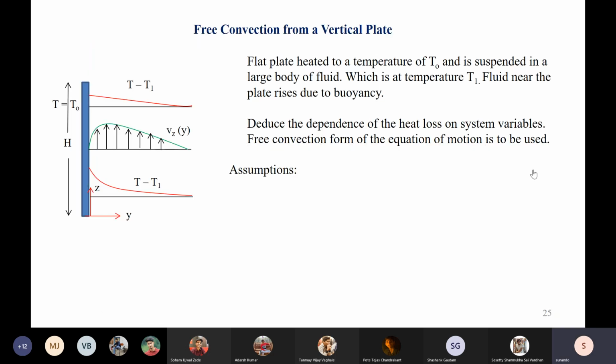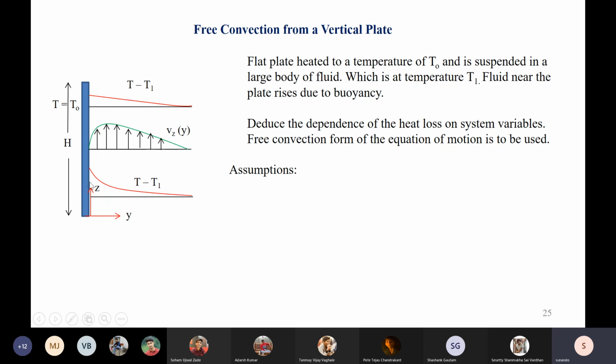Today I'm going to look at a slightly different problem, which would require more thought, more understanding and approximation that is needed in order to obtain an engineering solution for a specific problem. This is very common to many practical situations where you have a hot surface in contact with a surrounding fluid that is at a different temperature.